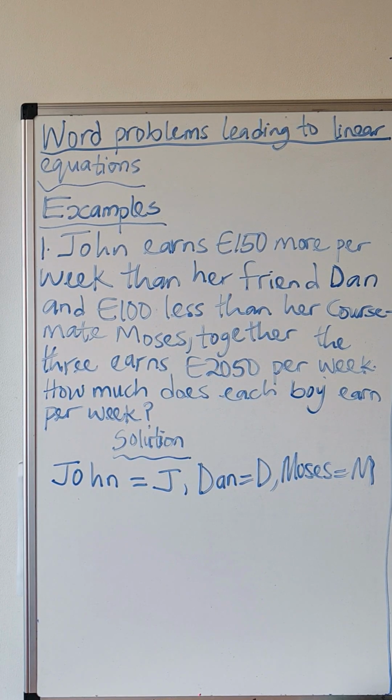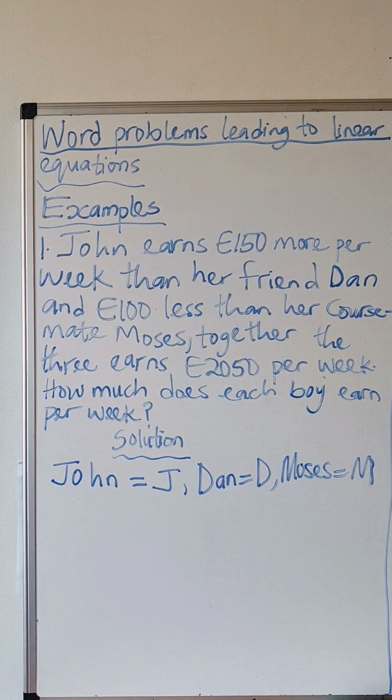John will be denoted by capital letter J, Dan by capital letter D, and Moses by capital letter M. Now I want to bring in the relationship in their earnings, which makes up their linear equations.